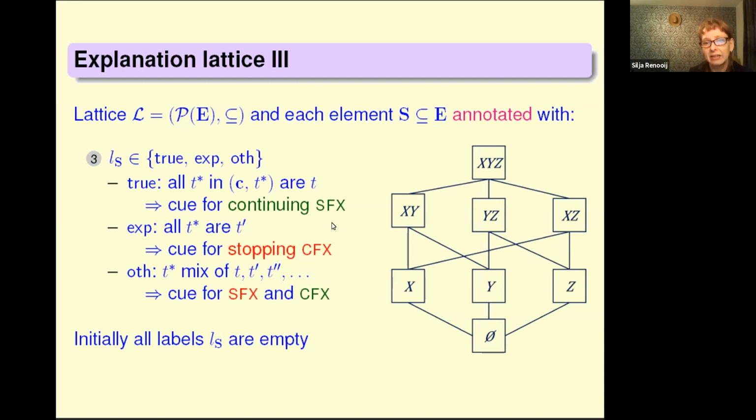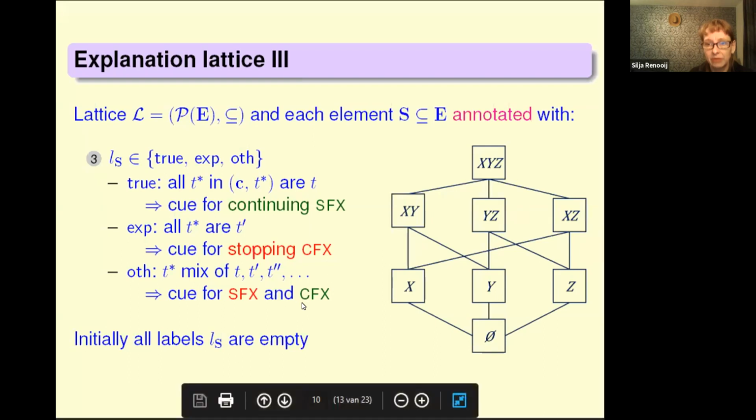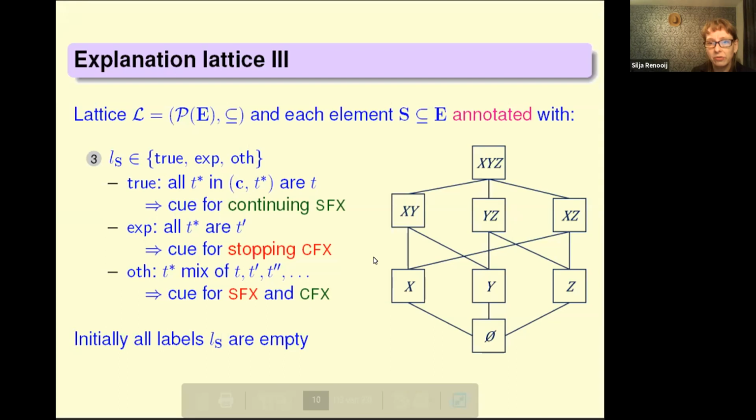Then I can, depending on the situation, continue searching for counterfactual explanations, but I can also know that I can stop searching for sufficient explanations. So if they're no longer all resulting in our current output, I don't have to continue searching for a sufficient explanation.